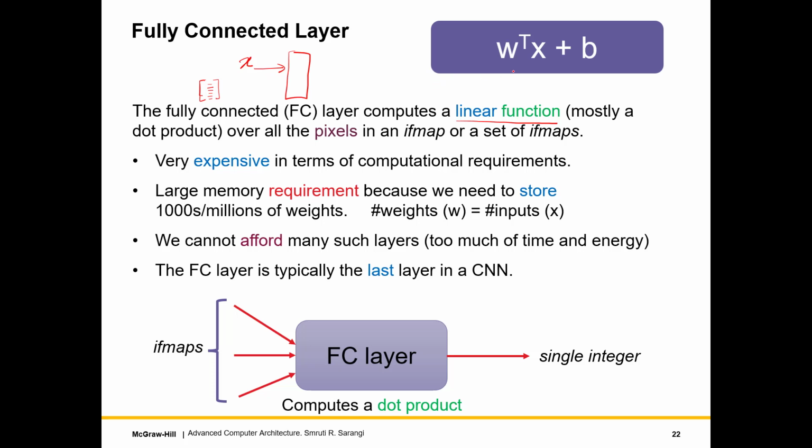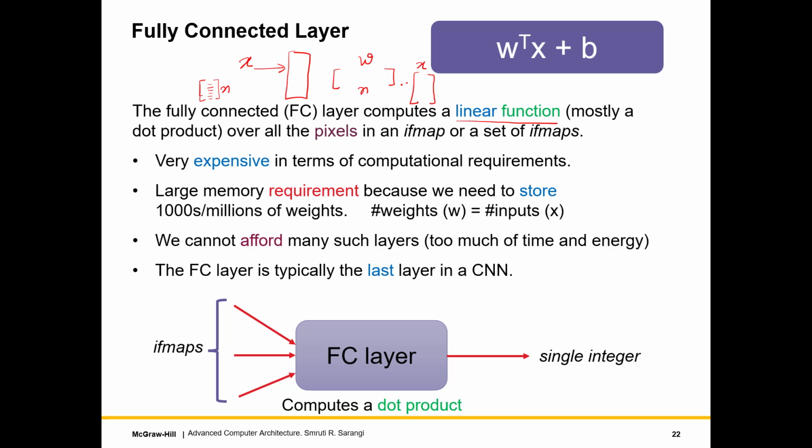Then we do element by element multiplication and addition, like a dot product. So we have a weight vector. If x has, let's say, n elements, we have a weight vector whose transpose would look like this. It would again have n elements, and this is multiplied with the column vector x pairwise.